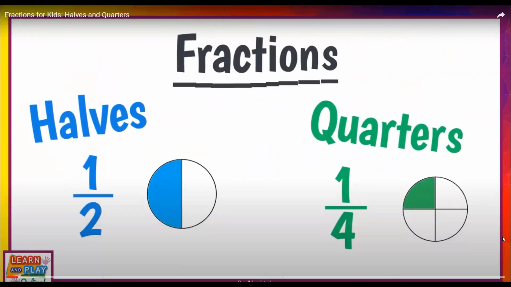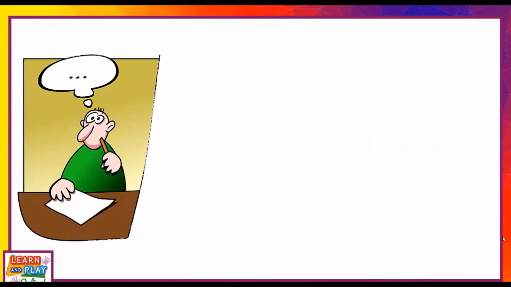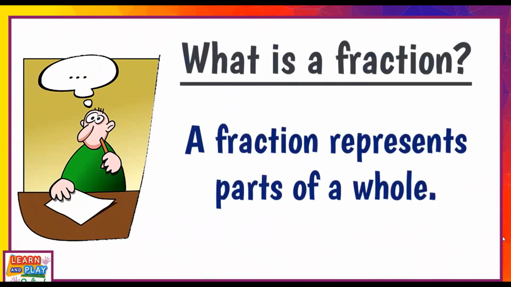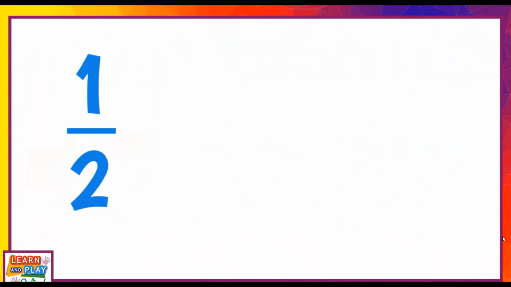Today, we are going to learn about fractions, halves, and quarters. You might be wondering, what is a fraction? Well, a fraction represents parts of a whole. This is an example of what a fraction looks like.